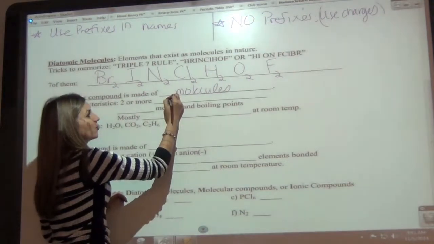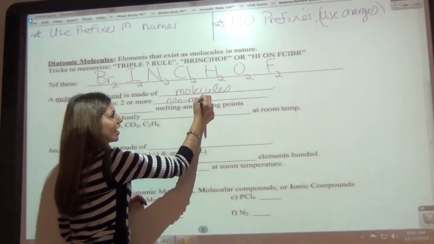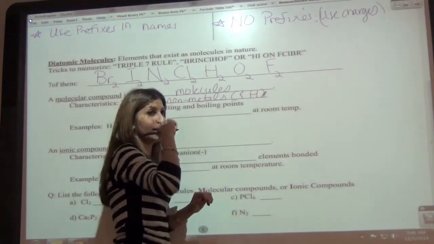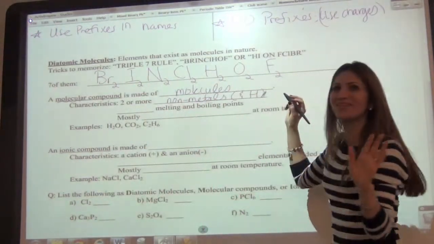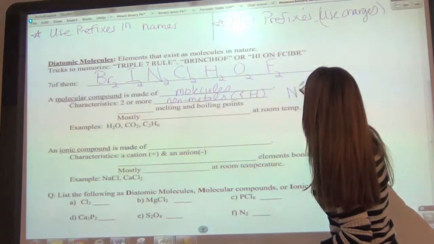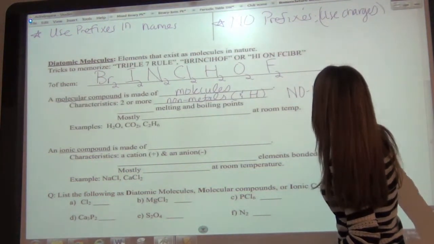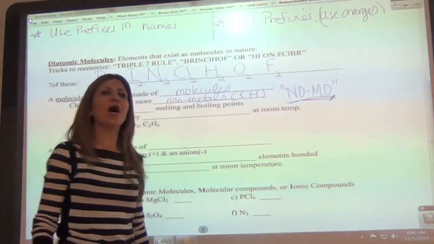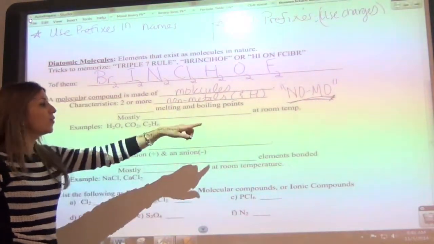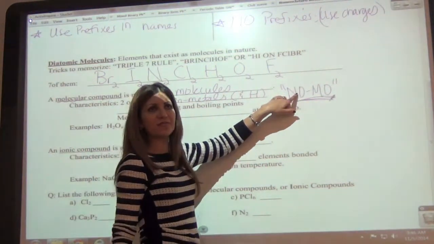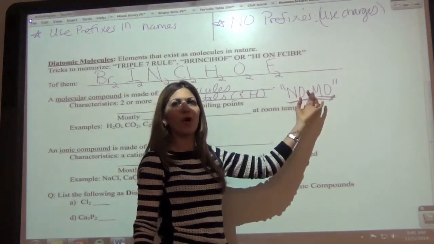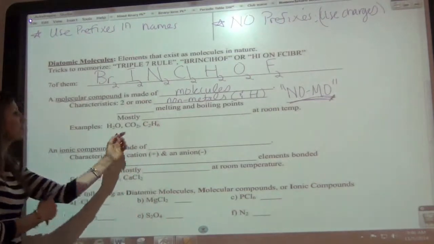So these are made of 2 or more nonmetals bonded together, and in parentheses, write and hydrogen, okay? But the best thing that we could come up with was no mo. Like no more, no mo. Okay? Everybody say no mo. No mo. What this is, if it starts with a nonmetal, we're going to call it molecular. Okay? So no mo is what we're going to say so that we can remember that.